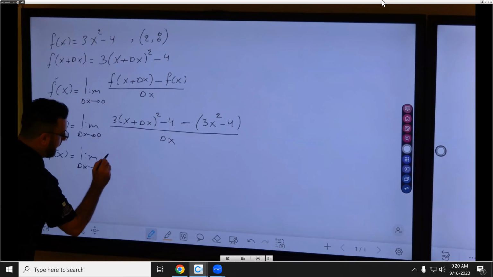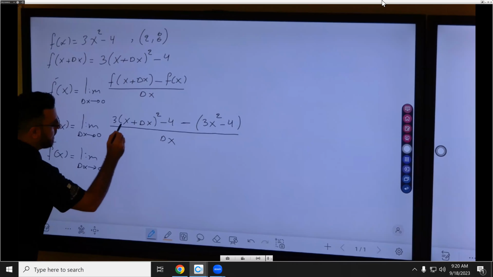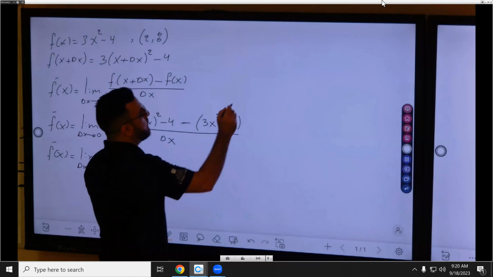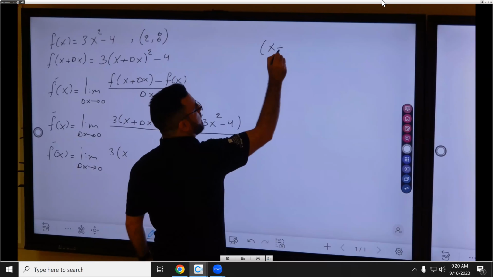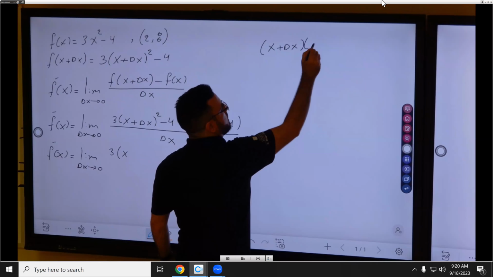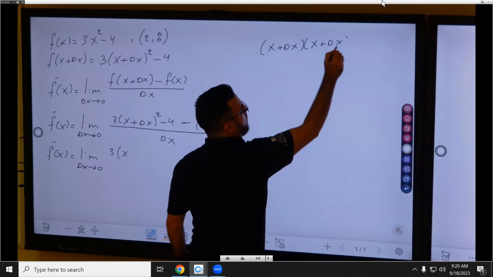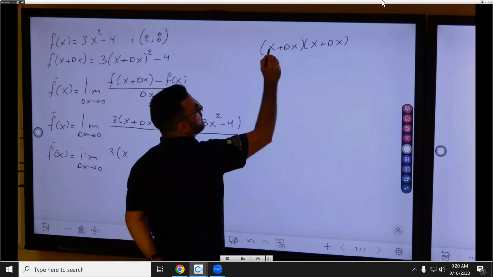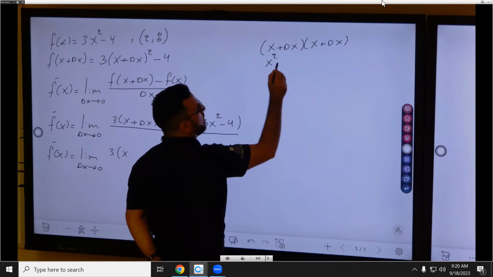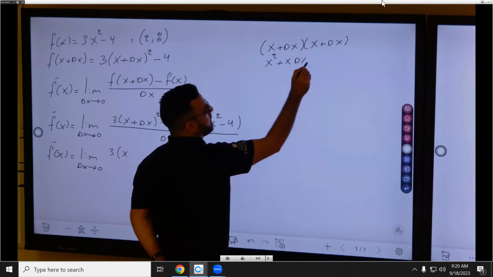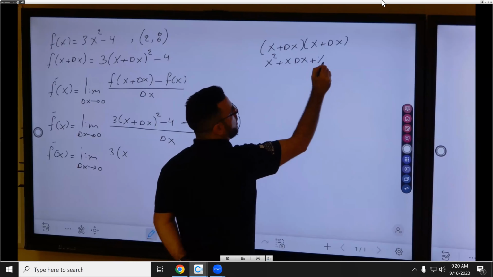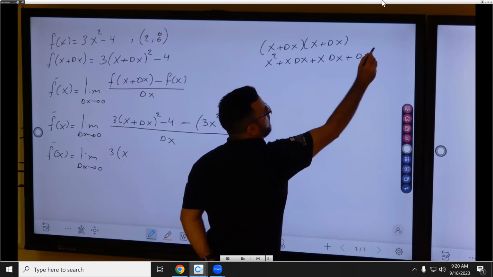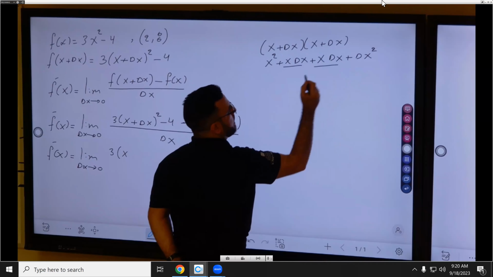Can I simplify here? It's a 3. FOIL this one, which is x plus delta x times x plus delta x. Yes or no? Yes. So when you FOIL it, it's going to be x squared plus x delta x plus also x delta x plus delta x squared. These are the same terms.